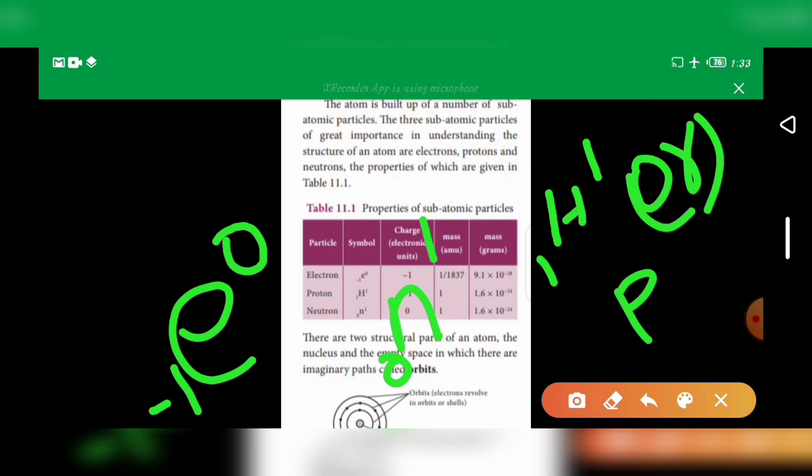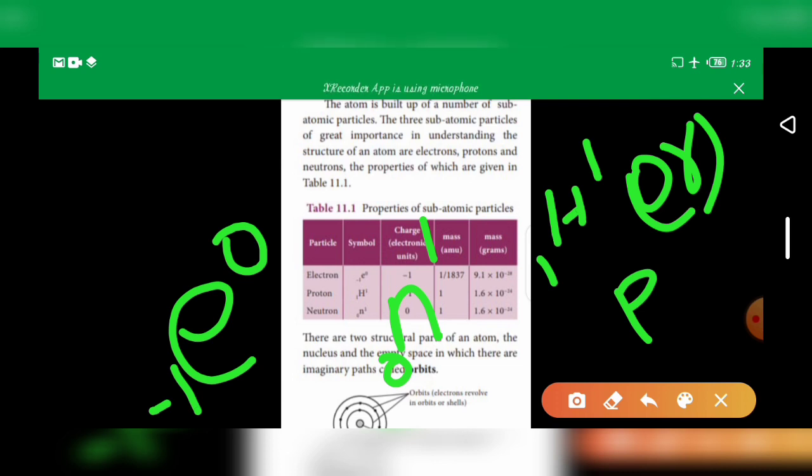That is, the mass number of electron is 0, mass number of proton is 1 and mass number of neutron is 1, and charge of electron is -1, charge of proton is +1 and the charge of neutron is 0.